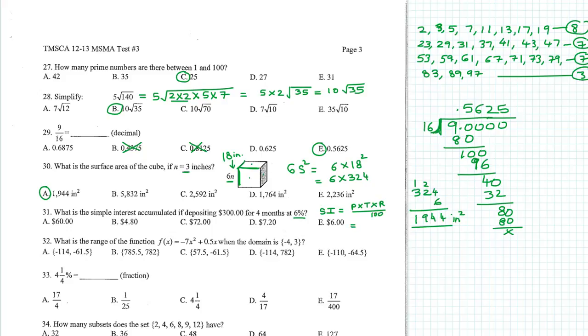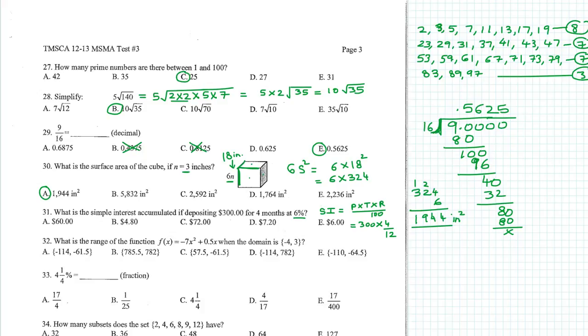So in this case, the principal, or the amount that we are depositing, is 300. So instead of P, I write 300. And the time in years for which we are depositing this amount is 4 months. So that means it is 4 divided by 12 years. So this is 1/3 of a year.